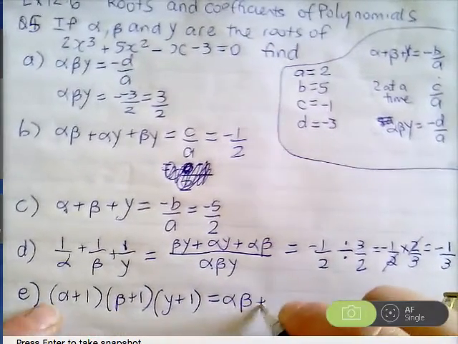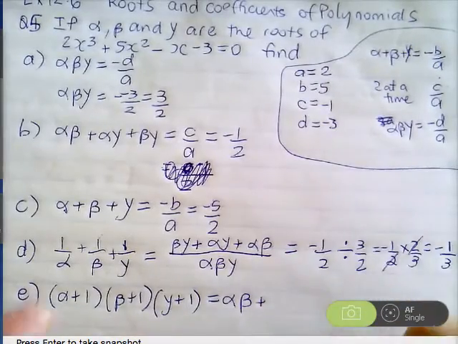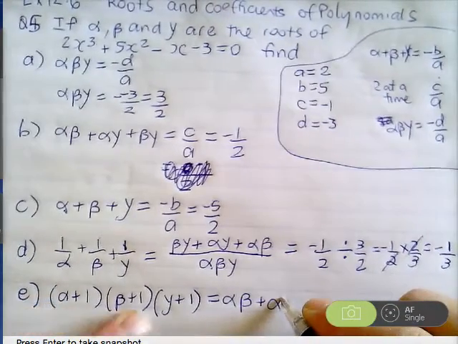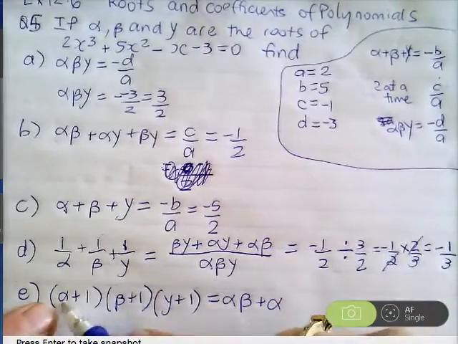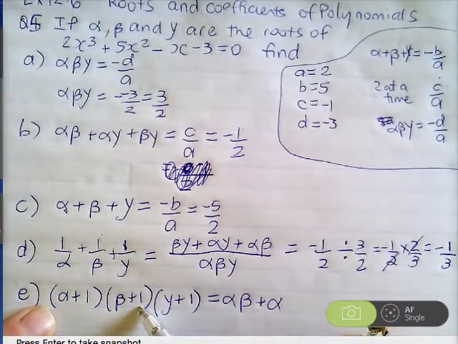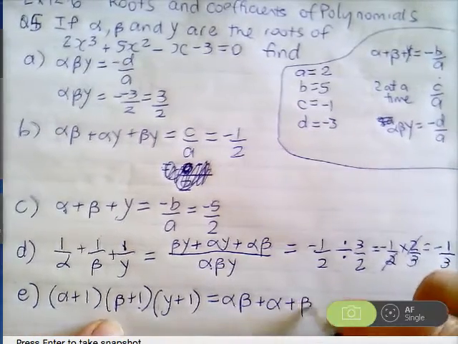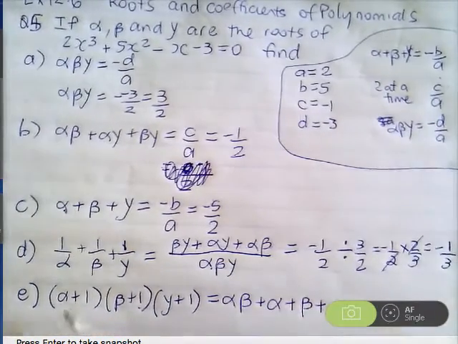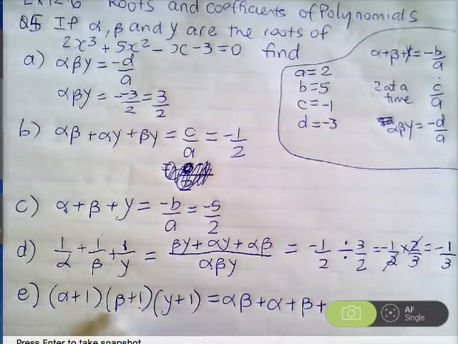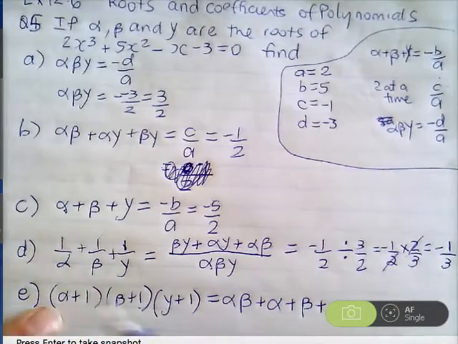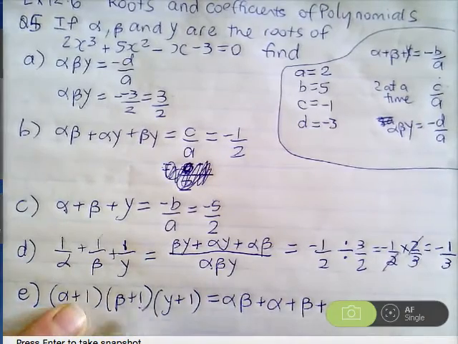Alpha, beta plus, can you all go and expand it on your own now? Girls, multiply the first two together, please. Alpha, beta plus alpha plus beta plus, girls, I'm doing the FOIL method with the first two. Plus what? Alpha, beta plus alpha plus beta plus 1.